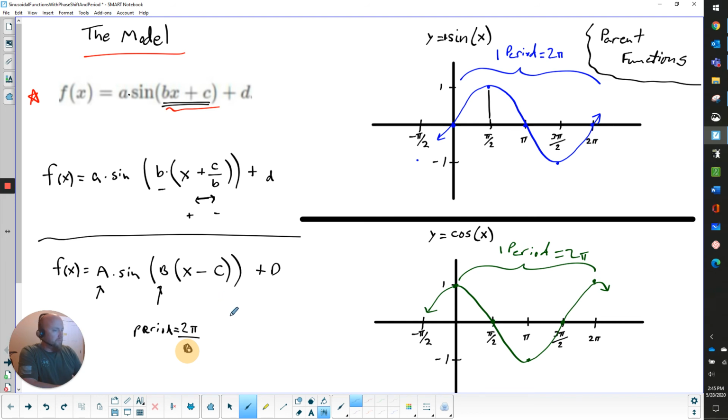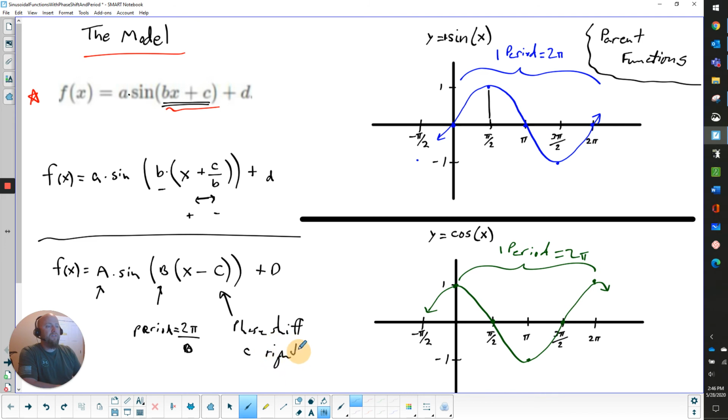And then here you've got a phase shift, C. And because it's subtraction, you would just say right.